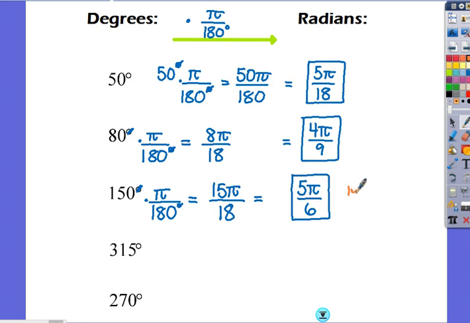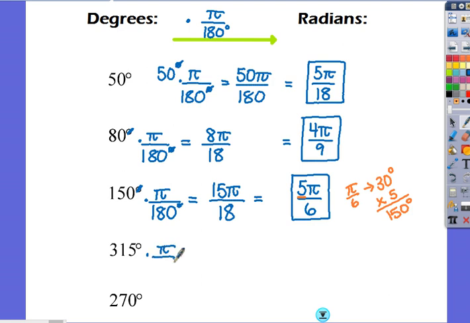Remember, pi over 6 is like taking 180 divided by 6. That's a 30-degree angle. And what do you get if you take 5 30-degree angles? 150 degrees. So really, this is all connected. It all makes sense. This is just sort of a shortcut conversion for us.